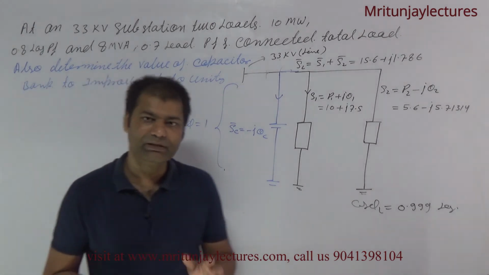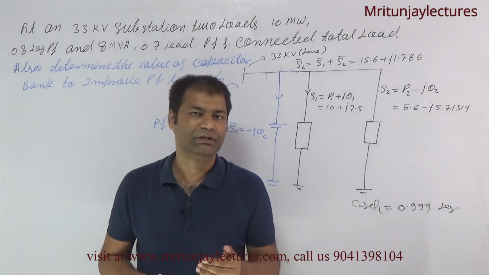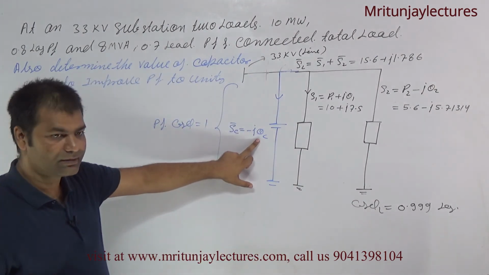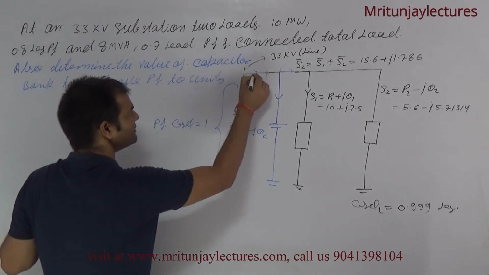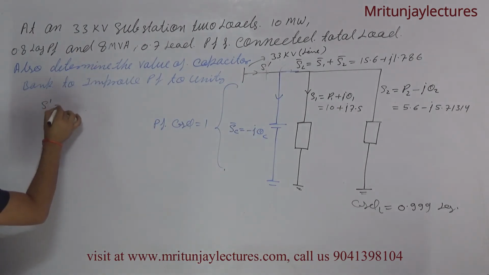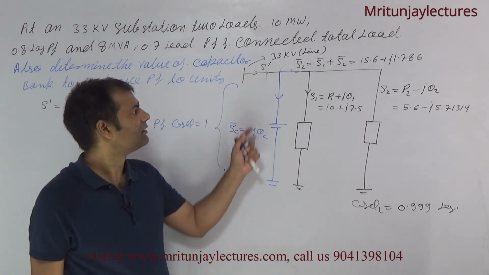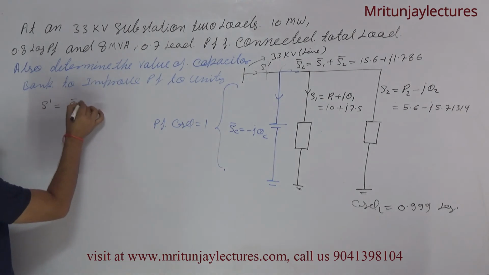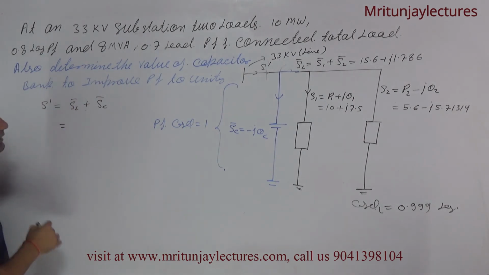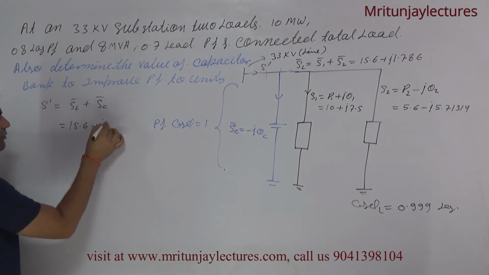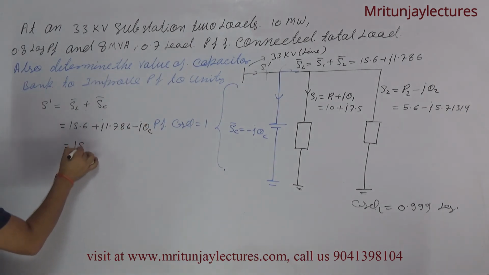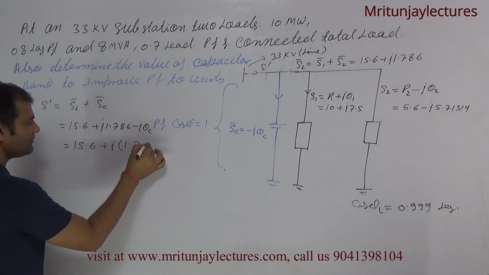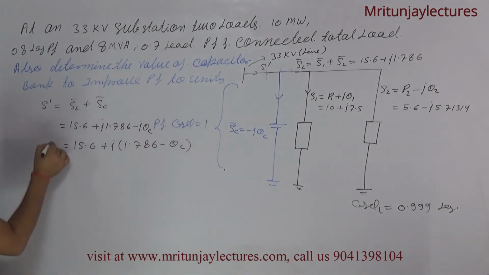First of all, suppose that is S dash. After adding the capacitor bank, the net power is SL plus SC, which is 15.6 plus j 1.786 minus j QC. It is clear.